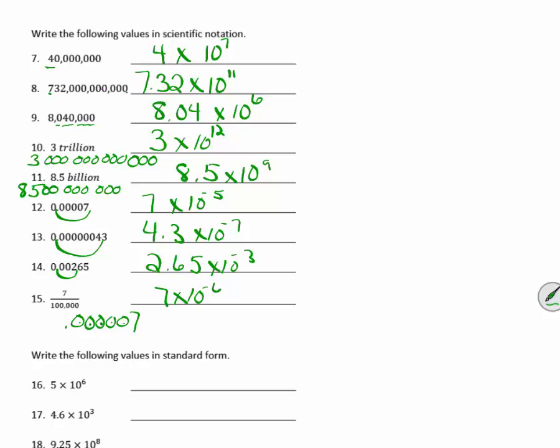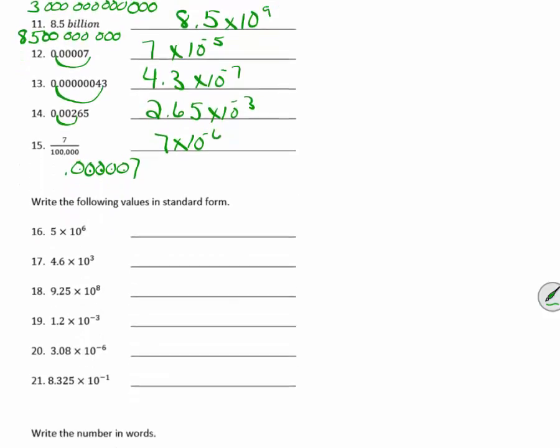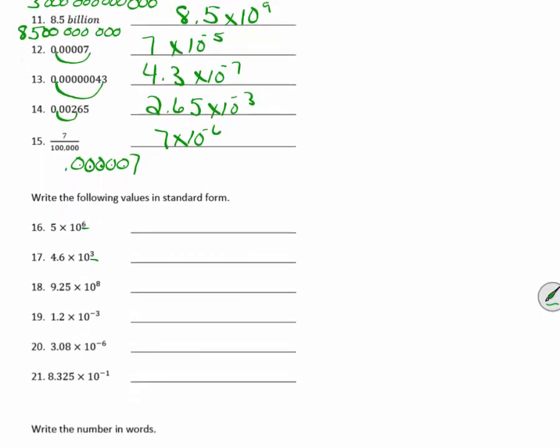Okay, write the following values in standard form. Your exponent tells you the number of decimal places. That's what that tells you. So this means I'm going to take 5, and I have to move my decimal 6 places. So I have to go here, 1, 2, 3, 4, 5, 6. For number 7, I have to go 3 places.